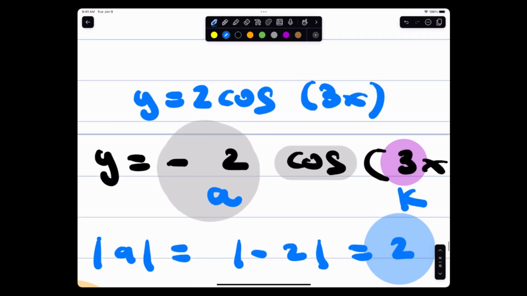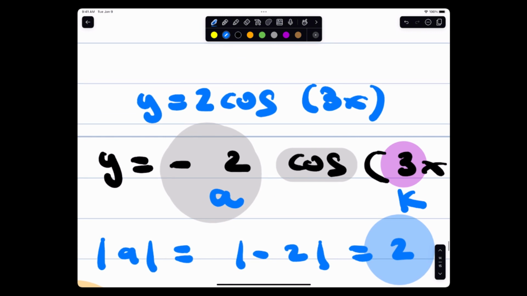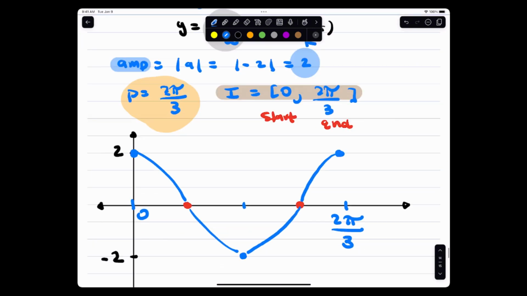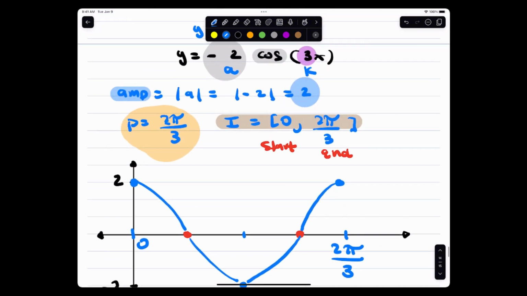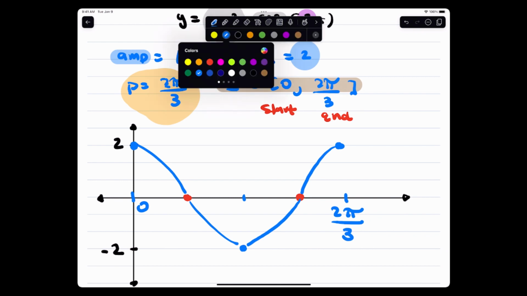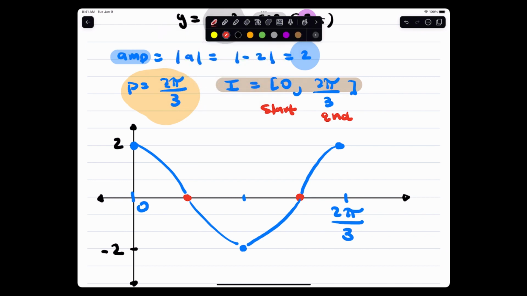This is in blue. But the A value is negative, and that means you have to reflect that curve here. So I don't know what color you guys want to use for that reflection. I was using red yesterday. So these points are all going to be reflected here. Your mirror is going to go down here.